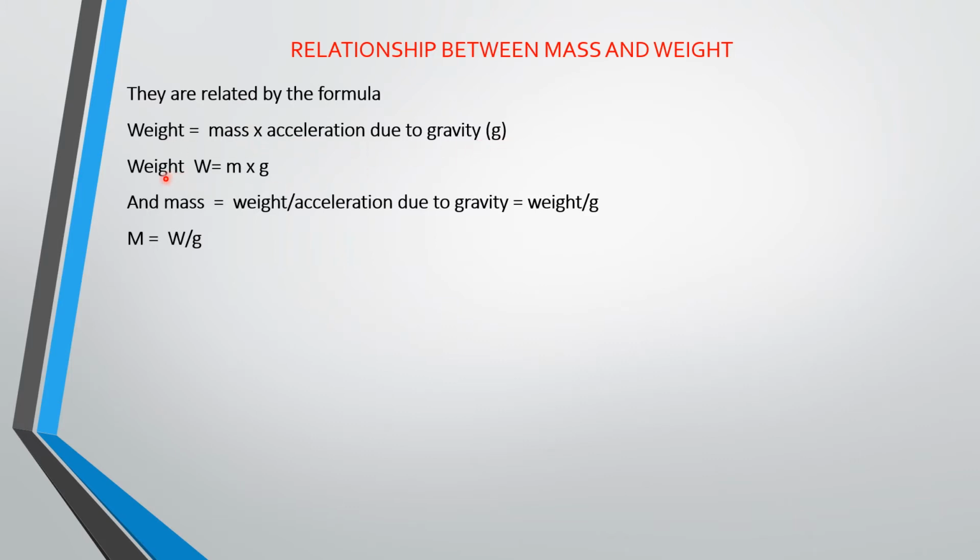If you represent weight by capital W, mass by small m, and acceleration due to gravity by g, you have this simple relationship. Mass can also be calculated from weight over acceleration due to gravity. So these are the equations that relate mass and weight.